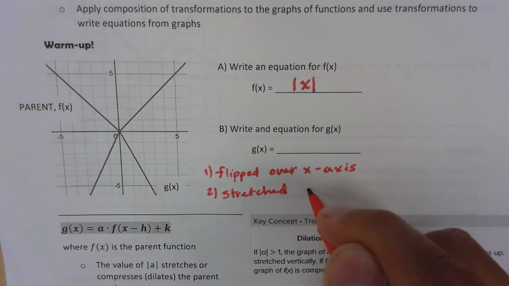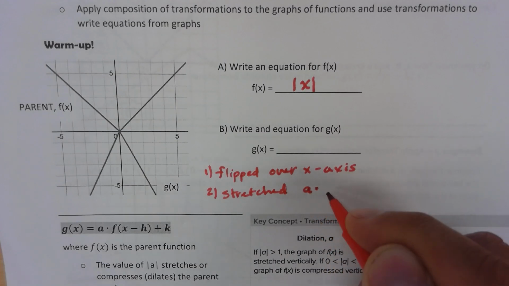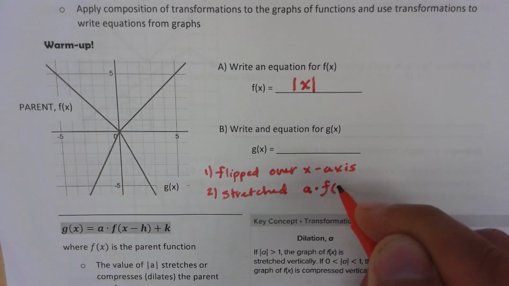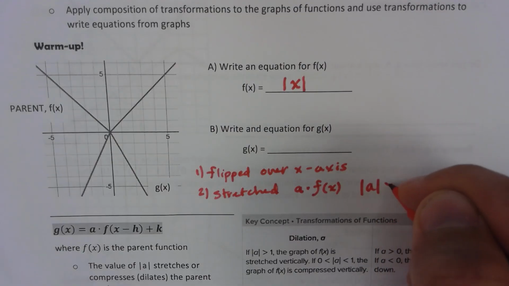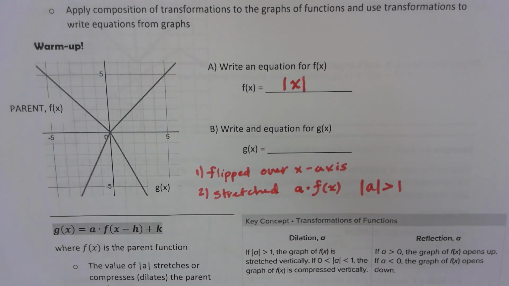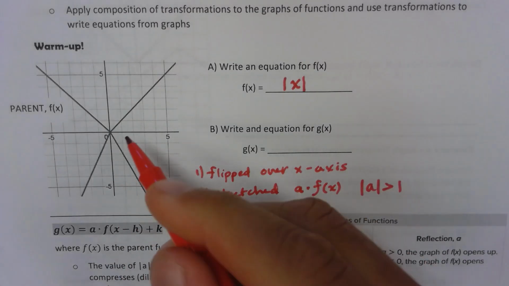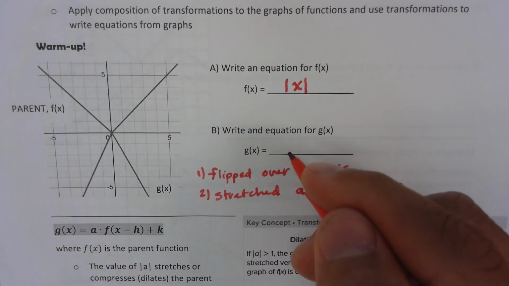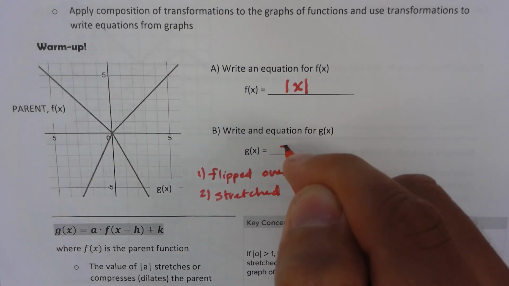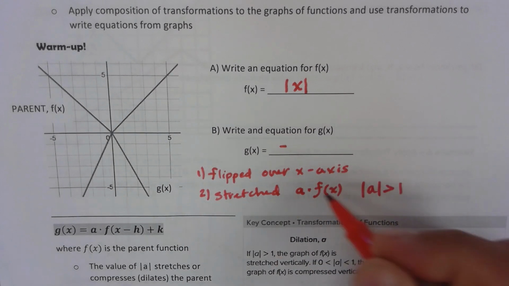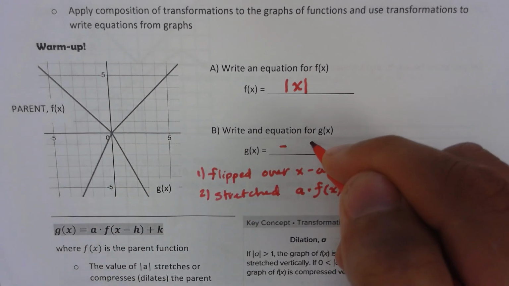So the number that I'm going to multiply, if I multiplied the parent function by something, this value for a, the absolute value of a, would have to be greater than 1. So I'm seeing that g of x should be negative some number times the absolute value of x.